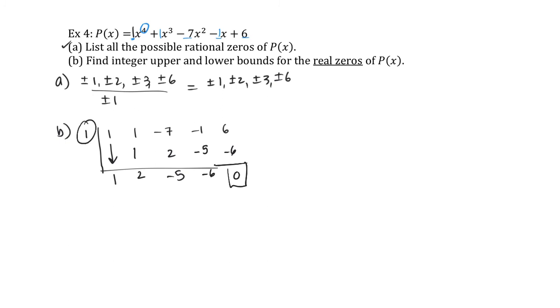But what we're trying to do is actually find our upper and lower bound. So let's go to our next bigger possible zero. Notice that these numbers are the same as our original. We're not factoring, so we're not changing the polynomial as we move along.